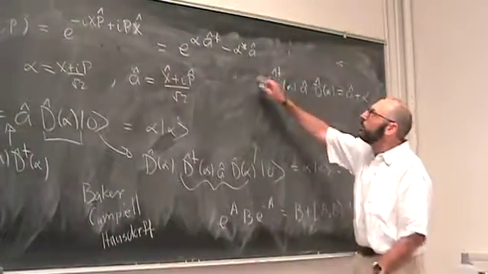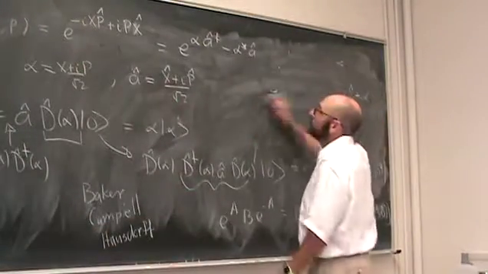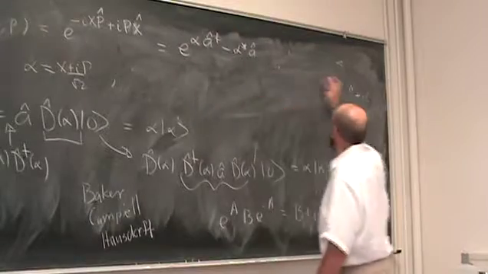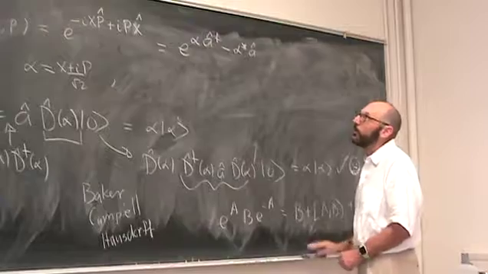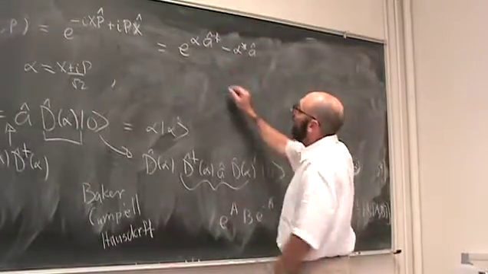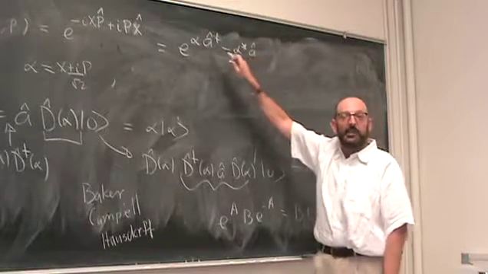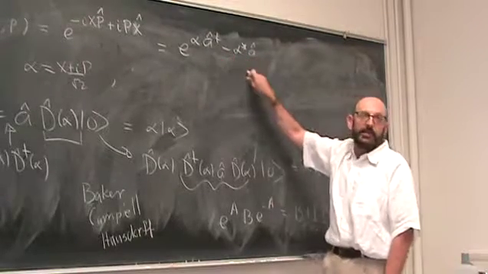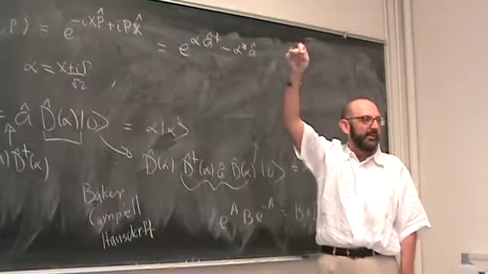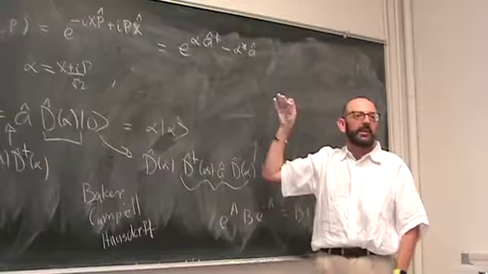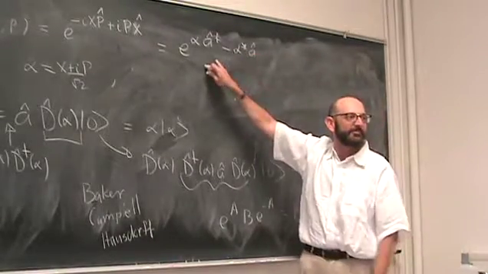We also know we can write, using a variant on Baker-Campbell-Hausdorff, e to the A plus B can be factorized as e to the A times e to the B times e to some power of a commutator, if A and B commute to then give me something that commutes with these guys.